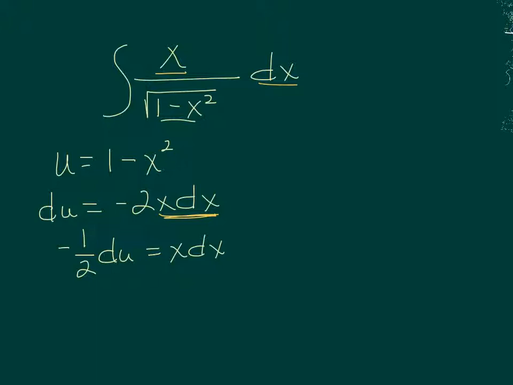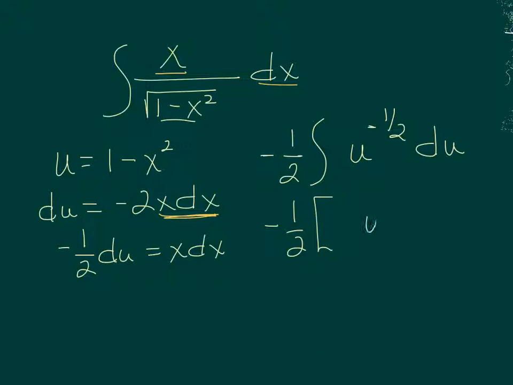And we'll have the integral. I'll put the negative 1/2 out front just because it makes it a little bit easier. And notice the square root is on the bottom. I can bring that up by making it a negative 1/2. And then we have our du. I have everything accounted for here. So when we integrate, we have negative 1/2 times u to the negative 1/2 plus 1/2 is 1/2, over 1/2 or times 2, plus c.